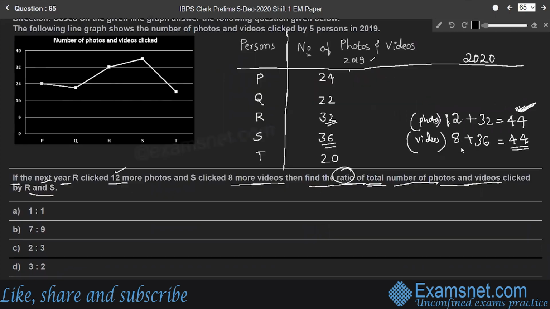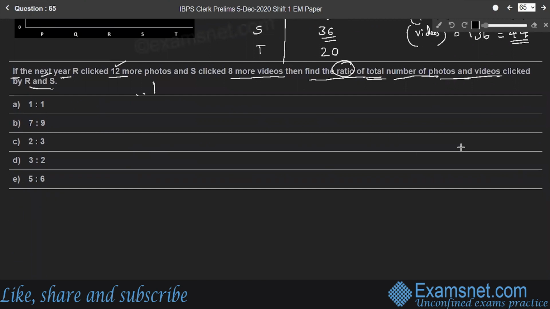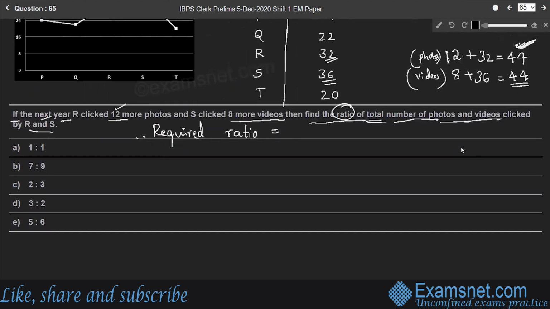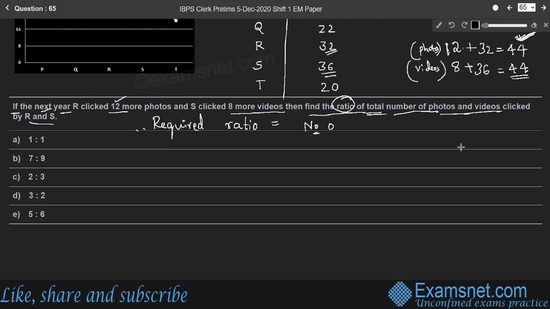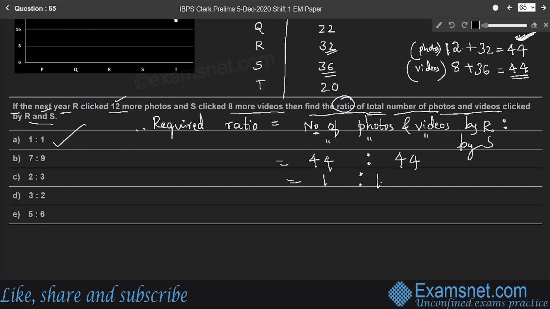So the required ratio is the number of photos and videos by R to the number of photos and videos by S. What is the number? 44 is to 44, which is 1 is to 1. Therefore, the required ratio is 1 is to 1.